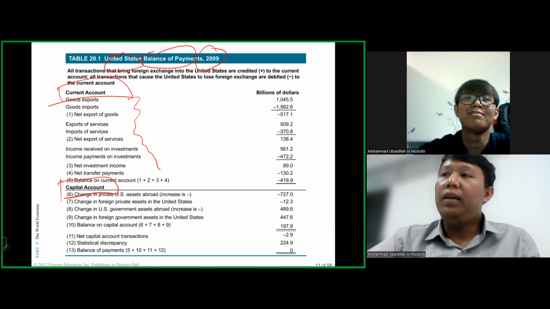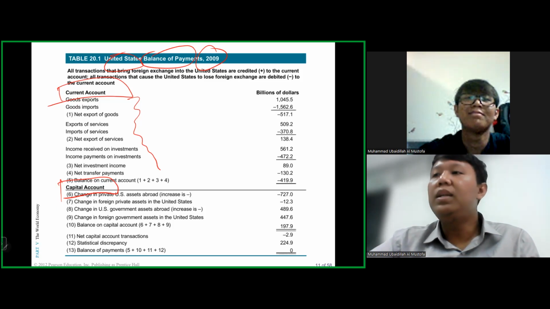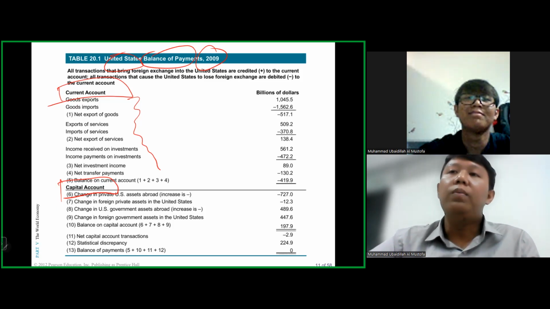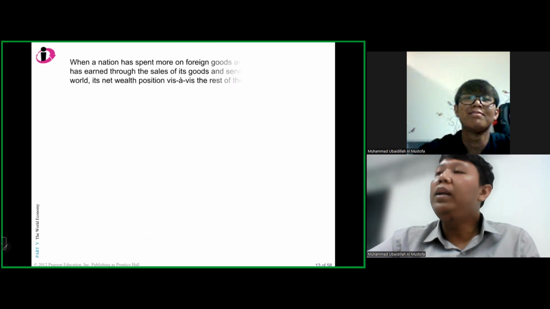But I believe that the two important aspects that become the standard are the current account, where they record the trade of goods and services, and the capital account, where they record the movement of capital between one country and others, right?